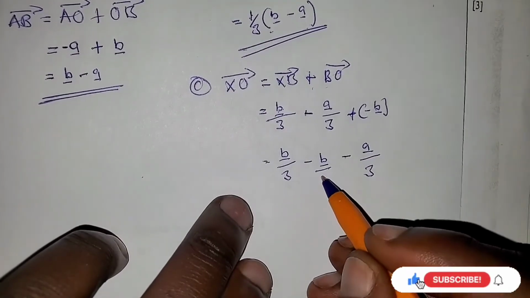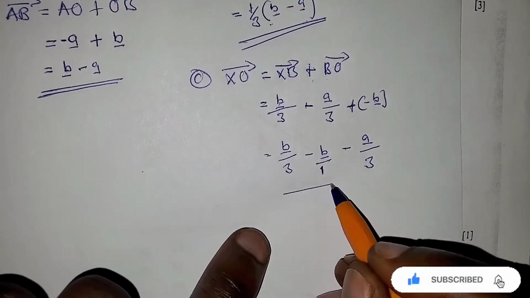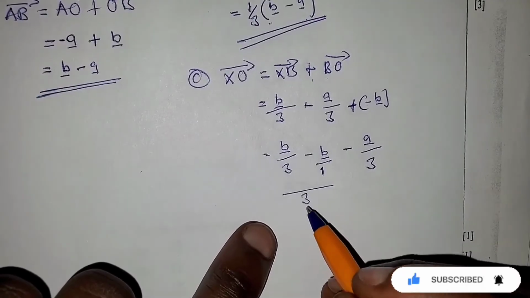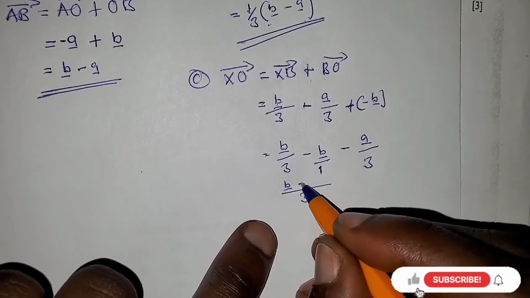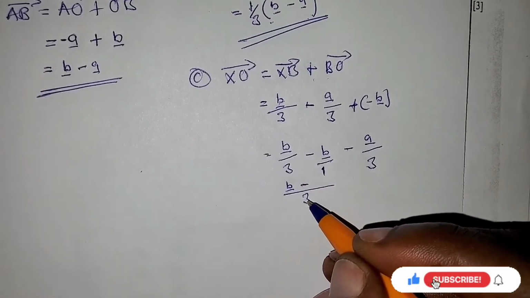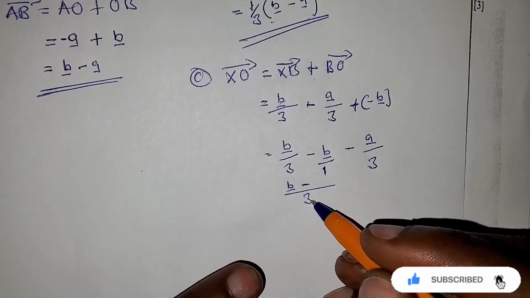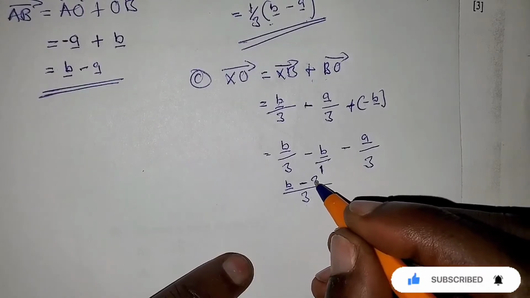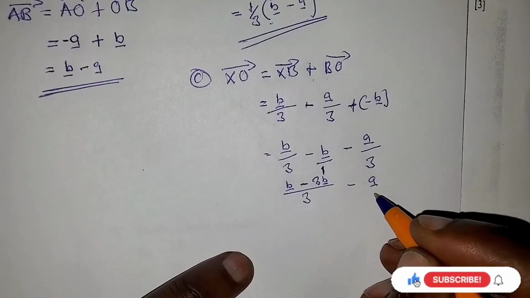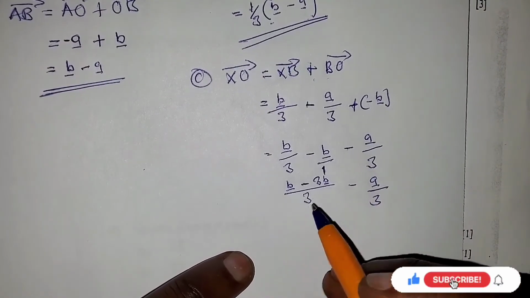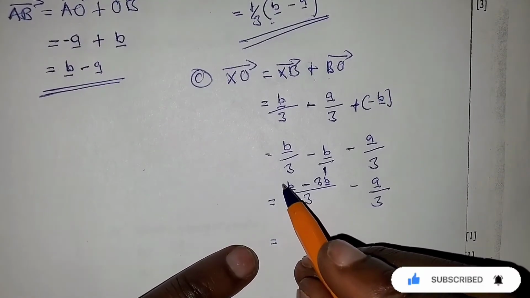You can make this one a fraction by writing over 1. Common denominator here is 3. 3 into 3, 1. 1 times B is just vector B. There's a minus here. 3 into 3 is just 3. Then 1 into 3 is 3, and 3 times B is 3B, minus A over 3. Now there's an invisible one here.